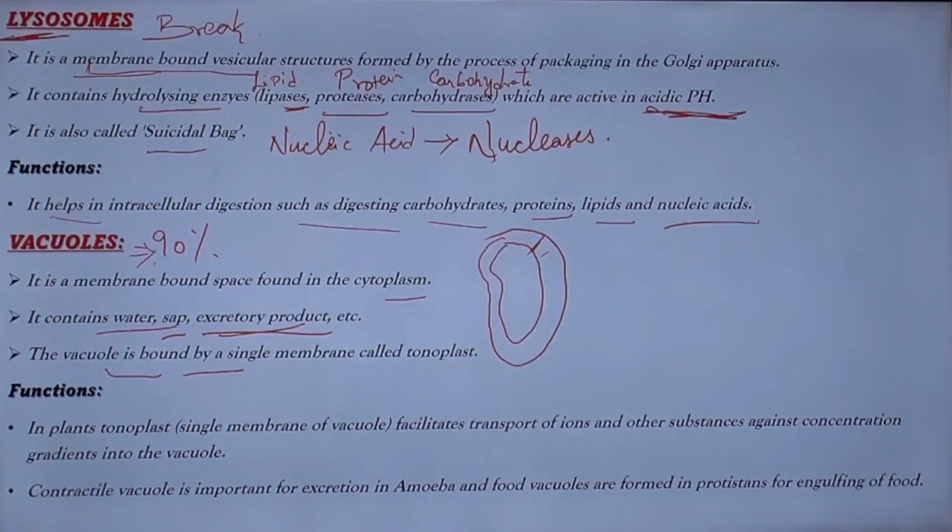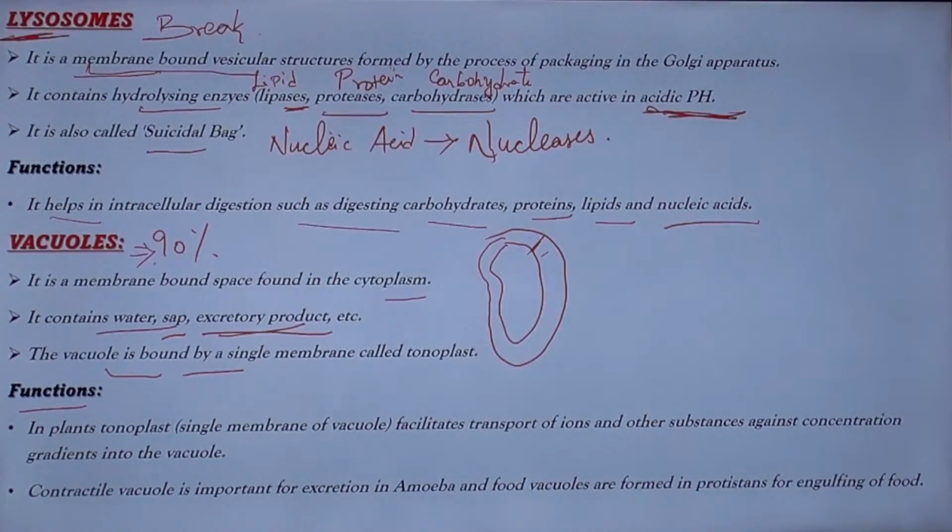And then, what are all the functions of vacuoles? Here we are going to study plants, and amoeba and bacteria separately. So in plants, the tonoplast, as we have already seen, is a single membrane bounding the vacuole.